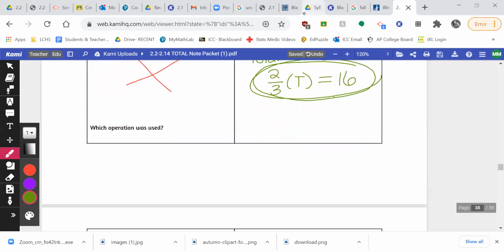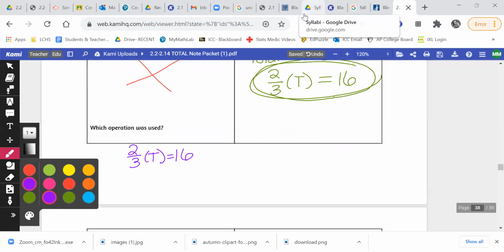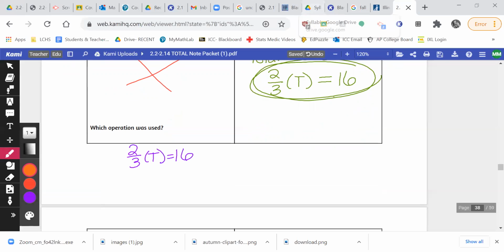I'm just going to solve it on the same page and not jump over to the next page for you guys. So if you have 2/3 times t equals 16, I'm going to use the reciprocal to solve it. So I'm going to multiply by the fraction flipped.